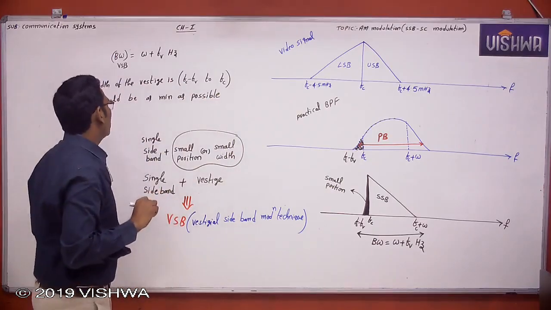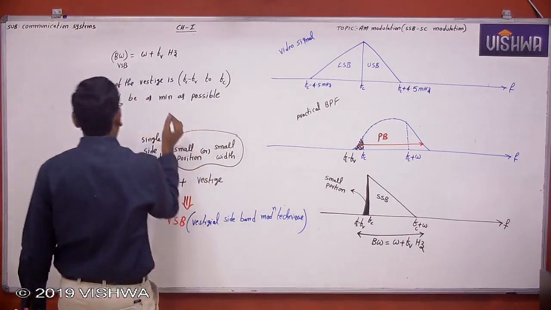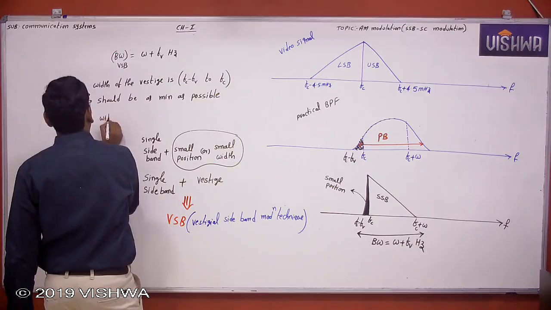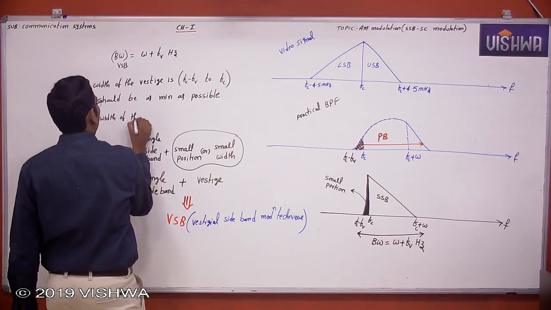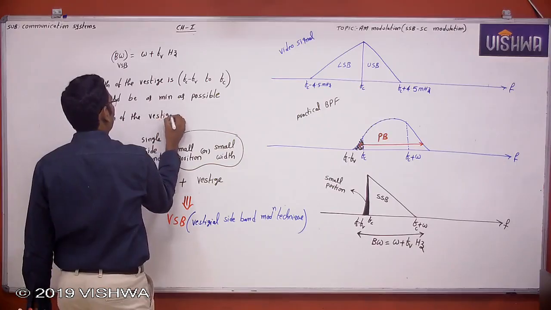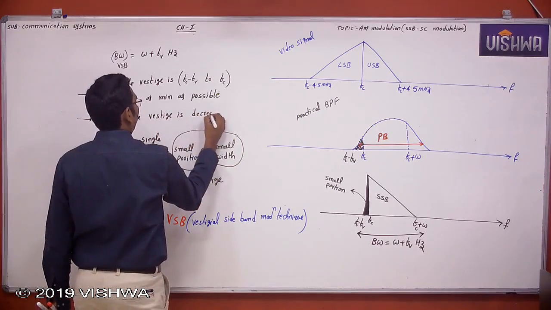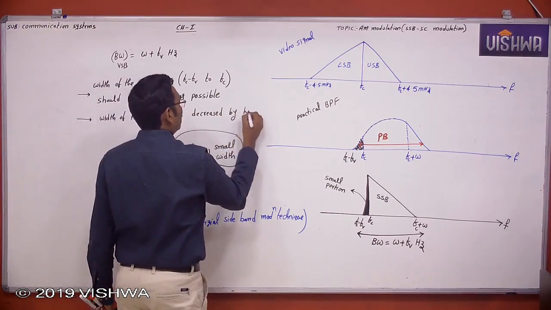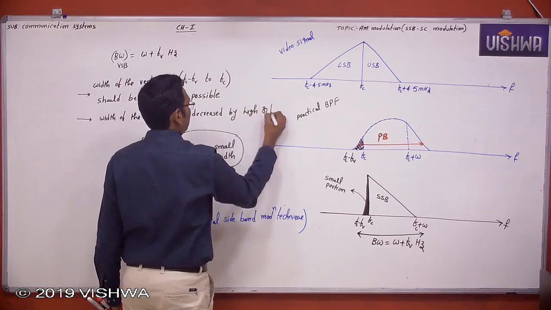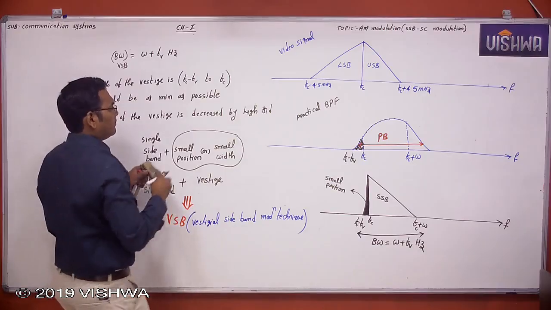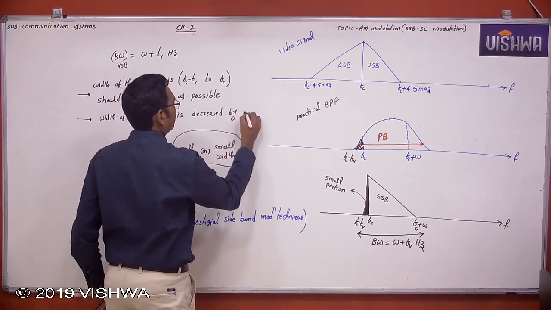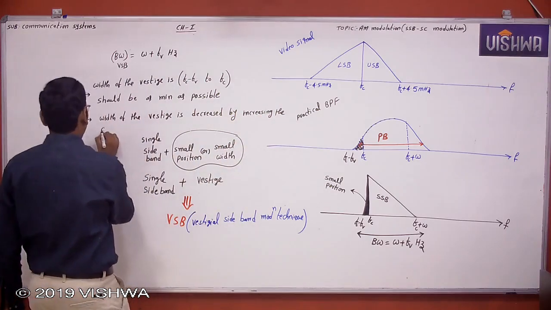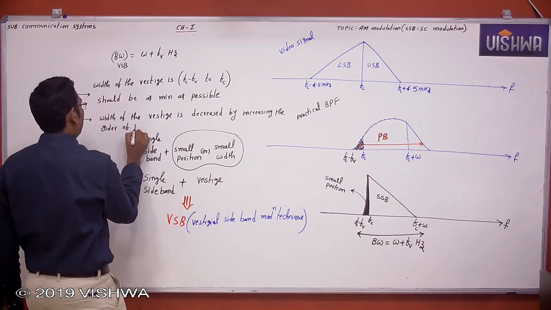The width of the vestige is decreased by higher order filters, that is, by increasing the order of the filter.